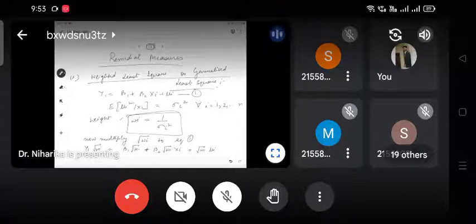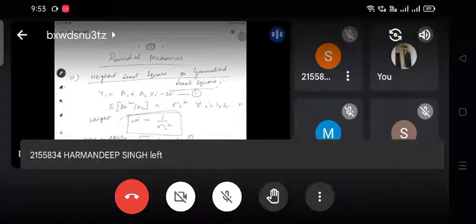Toh yahan again humne transform kar liya apne variables, isko weight ke saath multiply karke. So these transformed variables we can write as yi star equals to beta 1 star plus beta 2 star xi plus mu i star.